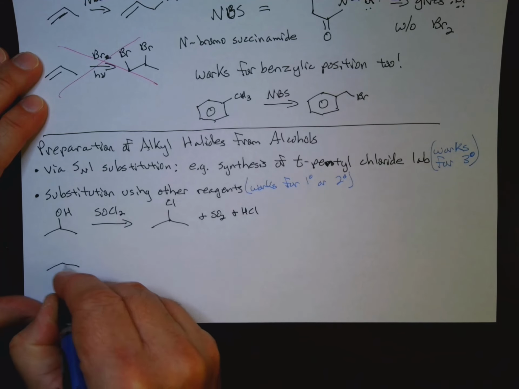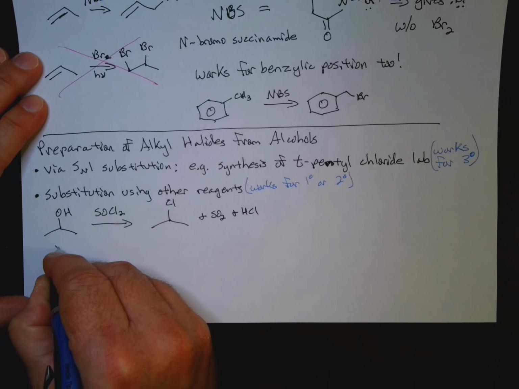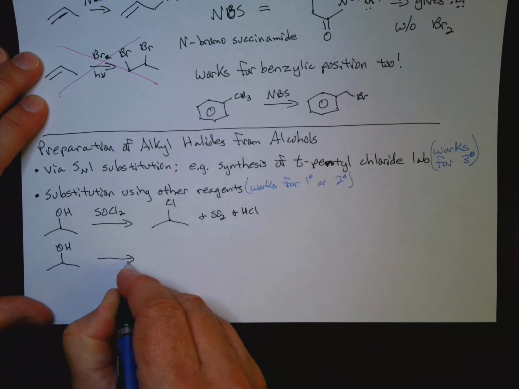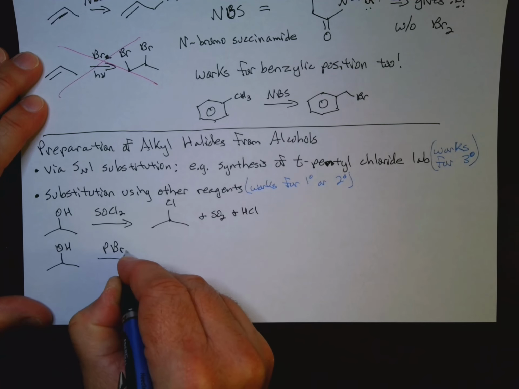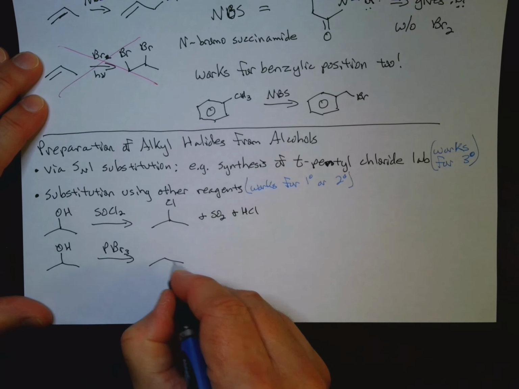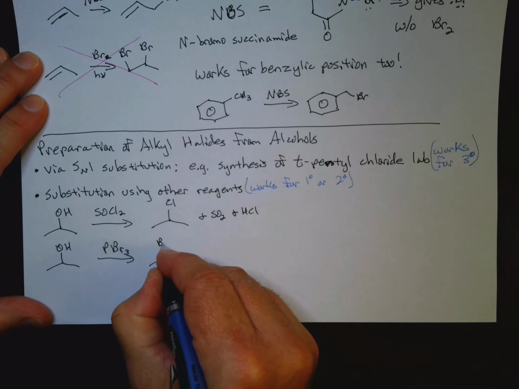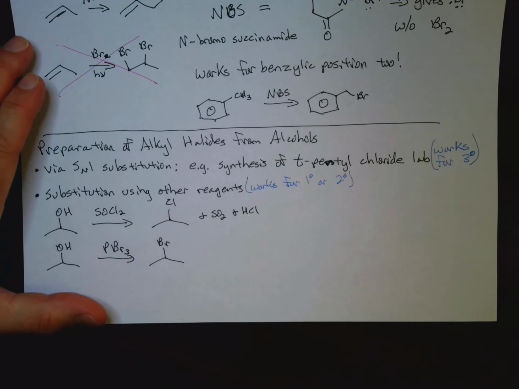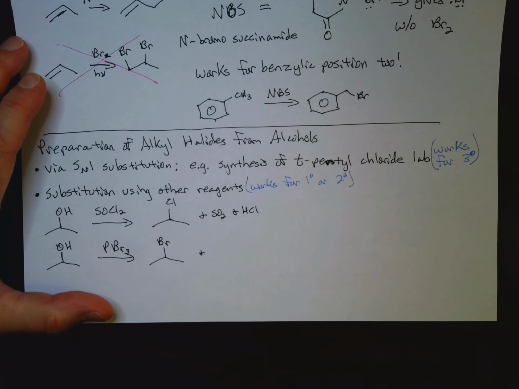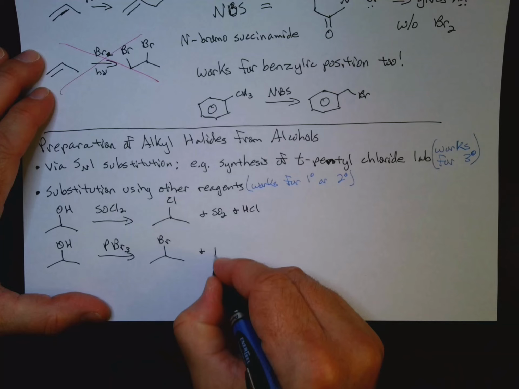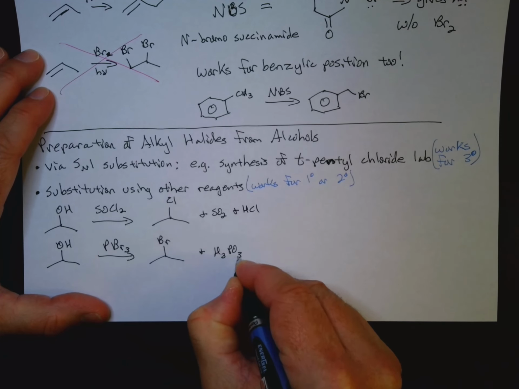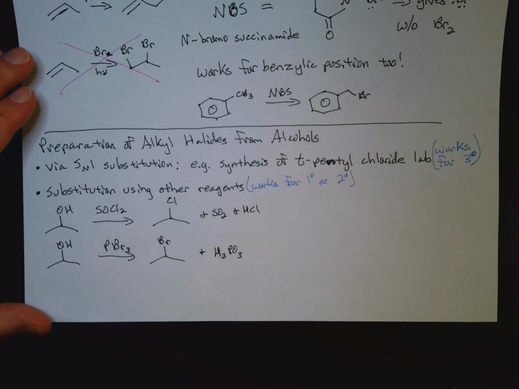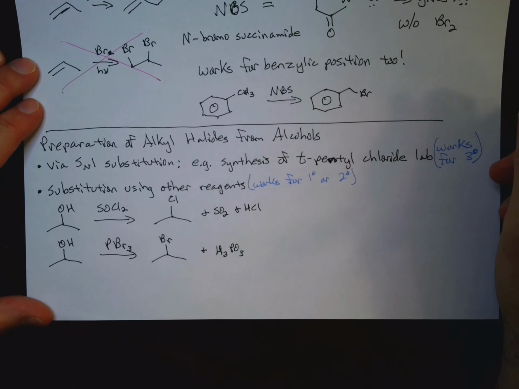And then we could also do something like PBr3, which gives us bromine there. Okay, and typically that now gives us H3PO3, phosphorous acid.